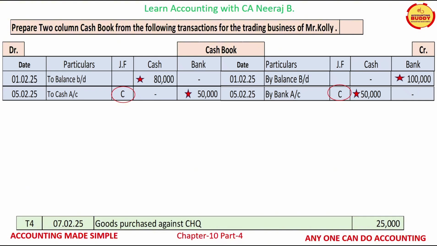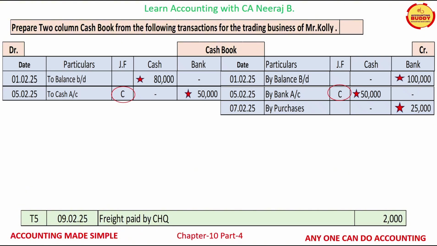Transaction T4 is on 7th February 25, business purchased goods worth $25,000 and settled the transaction by check. Since this is a payment transaction, it will be recorded in the bank column on the right hand credit side of the cash book for $25,000 on 7th of February 25 by writing the words by purchases account.